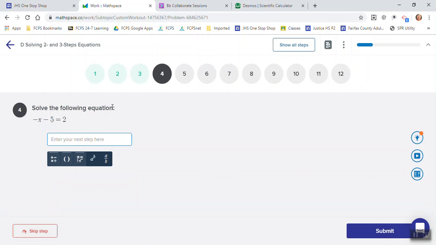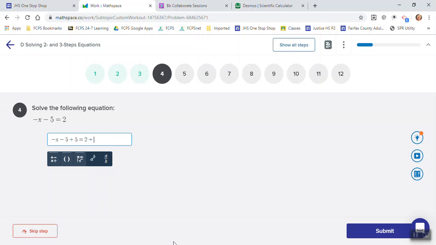Solve the following equation. Negative x minus 5 equals 2, right? So first you have to undo the constant minus 5 by adding 5, right? So let me do it step by step. You need to add 5 to both sides.